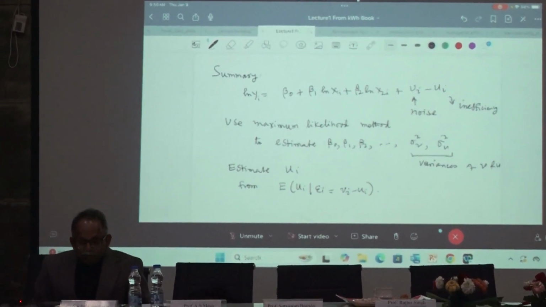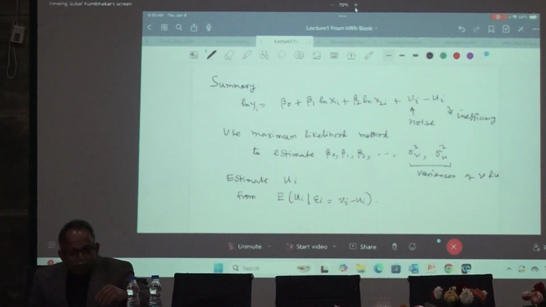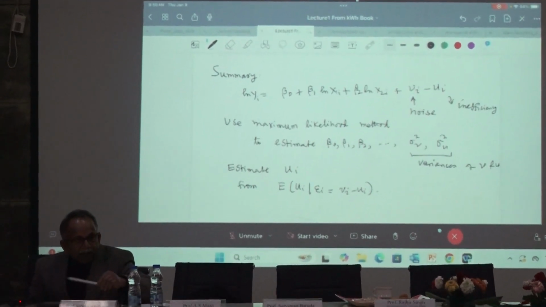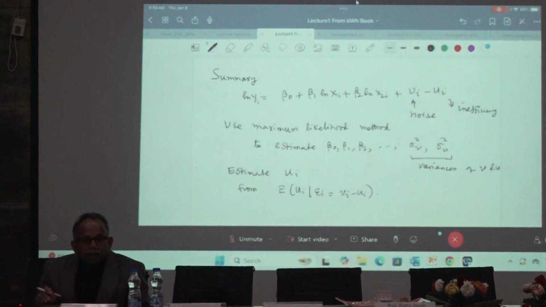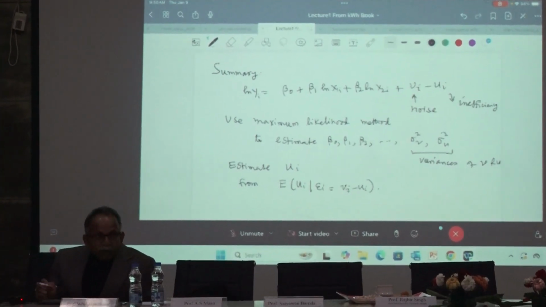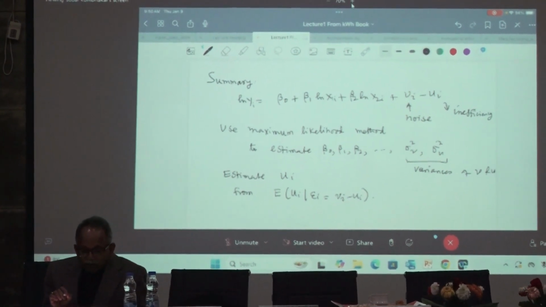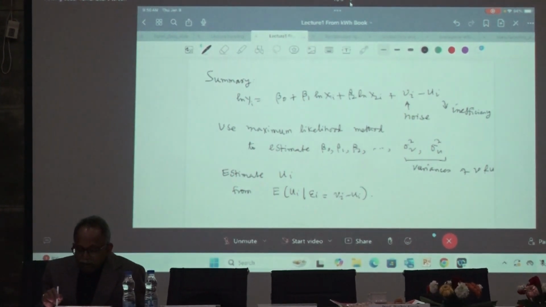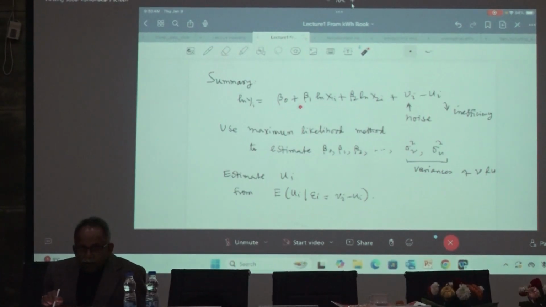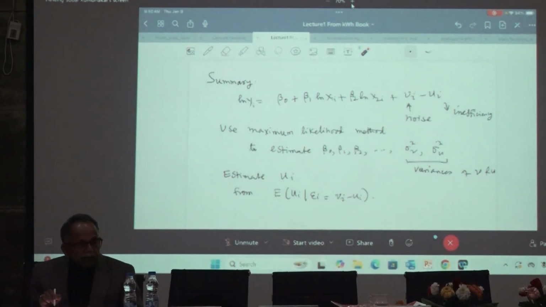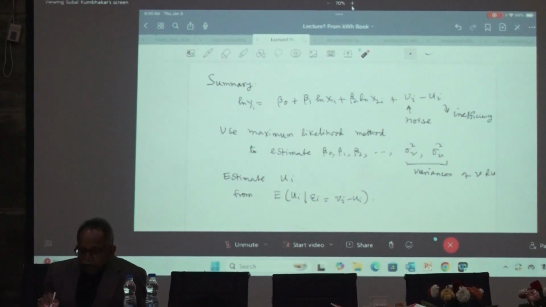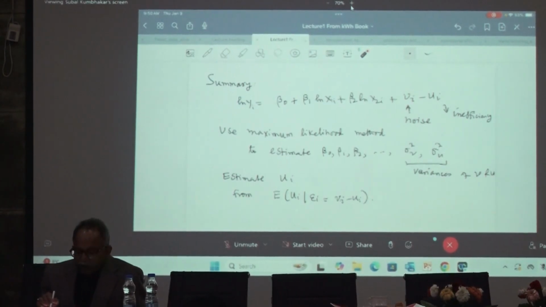Okay, so let me summarize a bit about what I was doing in the last session. I started with what we call the Cobb-Douglas production function, which you can write like this. The main thing here is the addition of this extra term, which you call inefficiency. You can interpret this as output-oriented inefficiency. In other words, this is output shortfall.